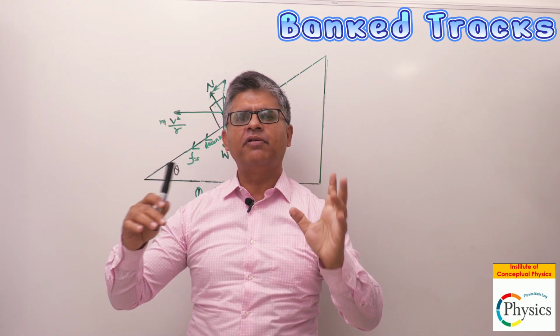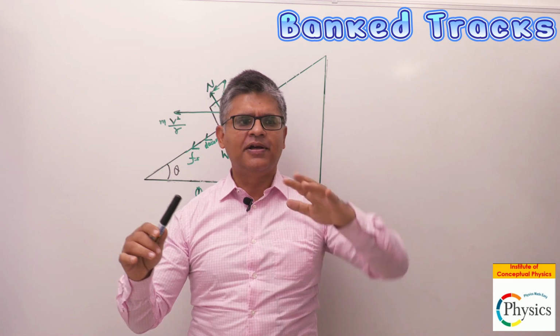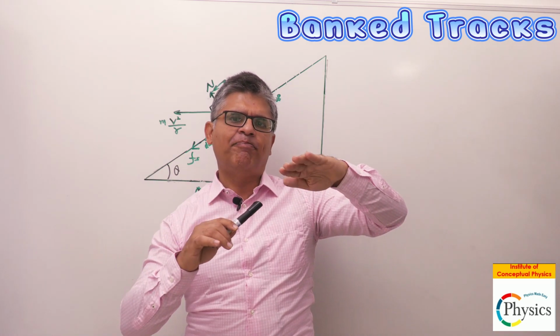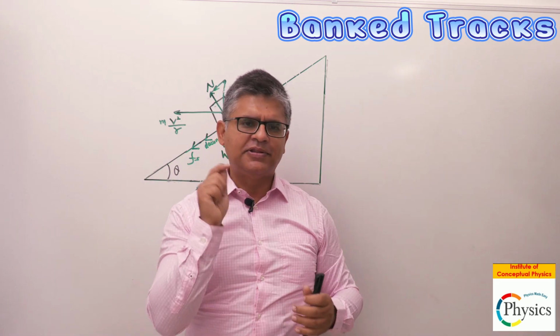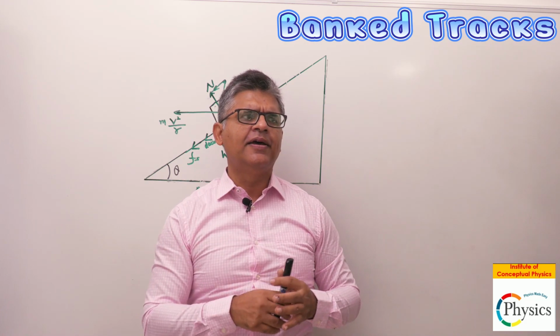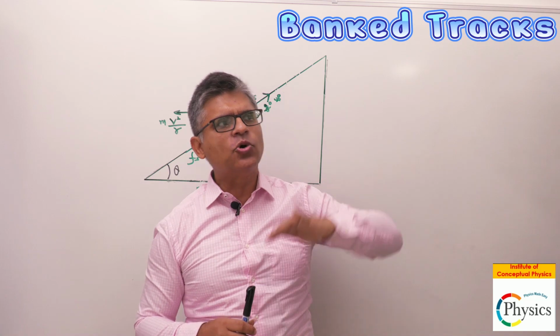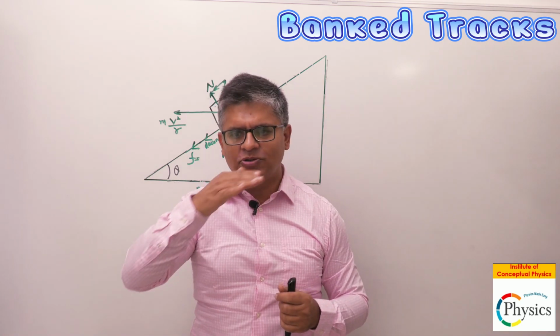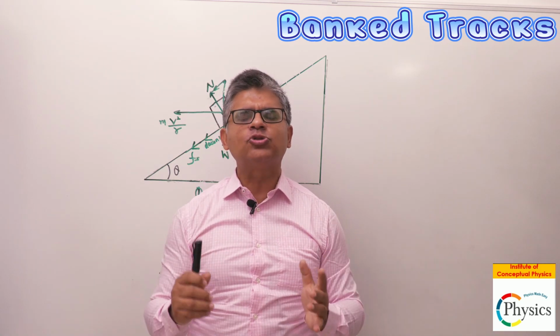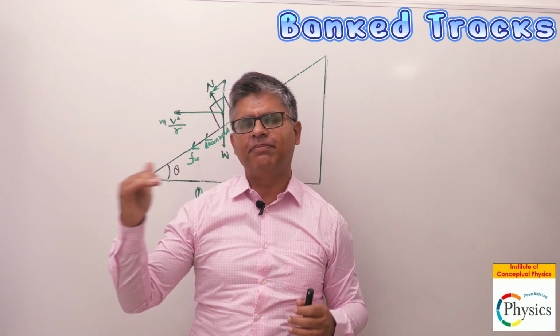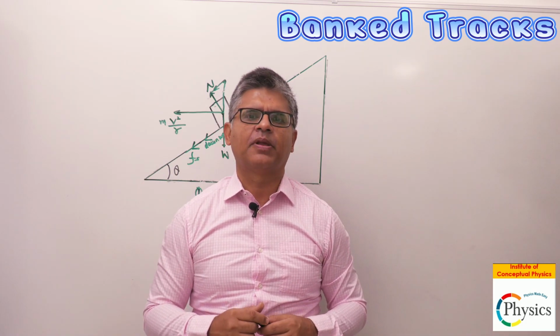When you have a car which has to negotiate a circle and it is banked at a certain angle, you may see questions where they say the body has a tendency to go up, or the body has a tendency to go down, and therefore you may be asked to calculate a maximum velocity and a minimum velocity, right?